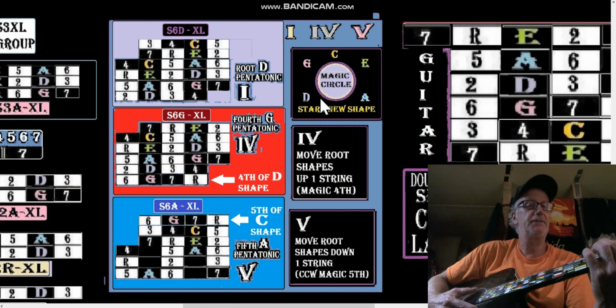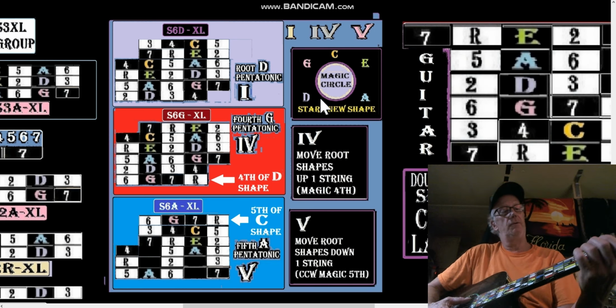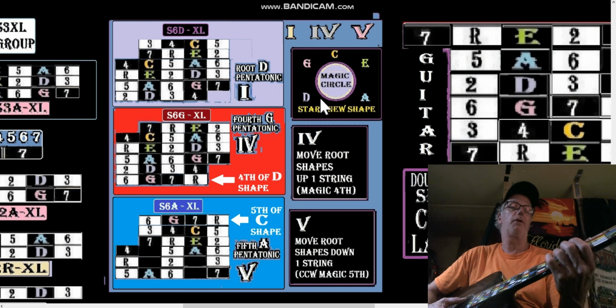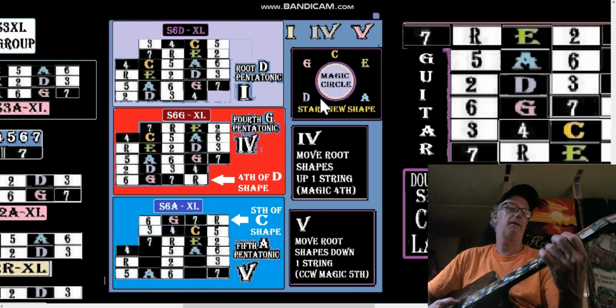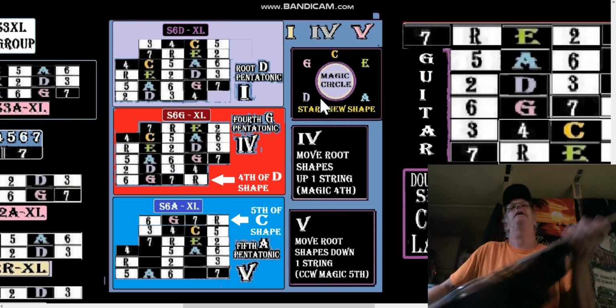Now that's the 6, 7 of the root, but actually it's the 2, 3 of the root, 6, 7 of the fourth. So we're not going to play the fourth of the fourth, are we? Something like that. We're not going to do that.